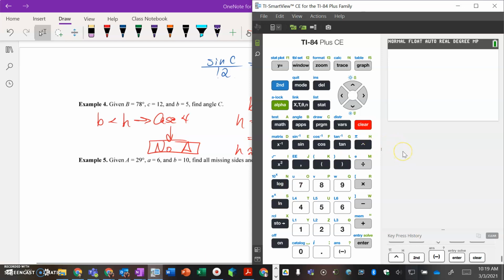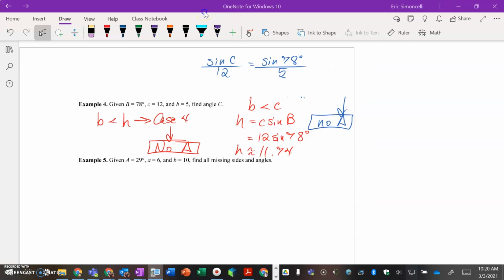If we do the math here, of course, we'll do 12 sine 78. Make sure you're in degrees. And then if you simply divide that by 5, let's hit enter first. And then if we divide that by 5, this is the quantity that we're going to find the inverse sine of. Now 2.35, as we're about to see here, is the right side of the equation.